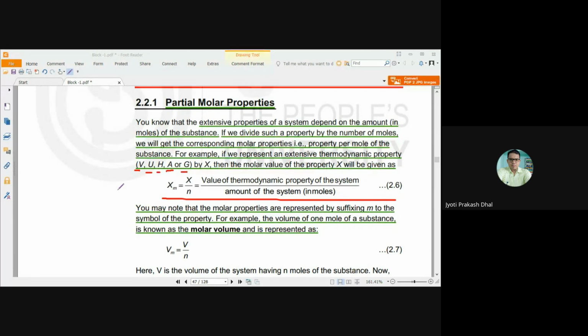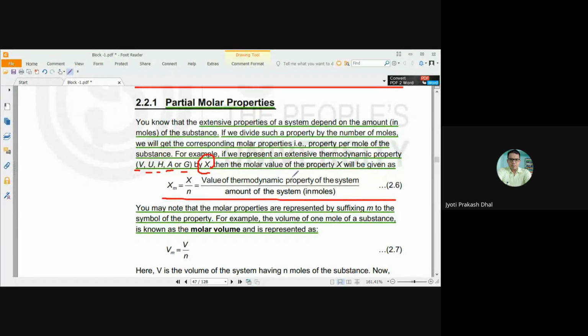So here we will discuss that for a multi-component system, if you change the composition of any system, what will happen to the values of extensive thermodynamic properties. That is called partial molar properties. For all extensive thermodynamic properties like V, U, H, A, or G, you can take the partial molar property.